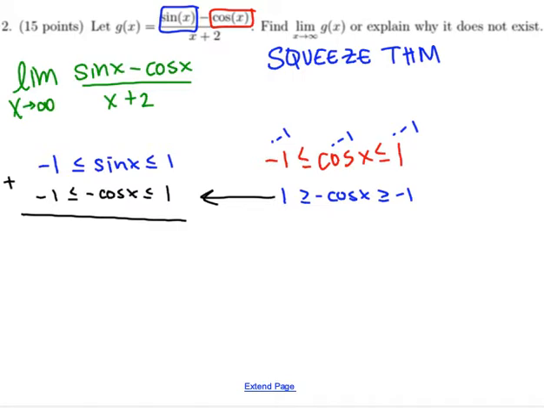If I add this, I get negative 2 less than or equal to sine plus a negative cosine, which is just sine of x minus cosine of x, less than or equal to 2. So in this case, you would squeeze it in between negative 2 and 2.